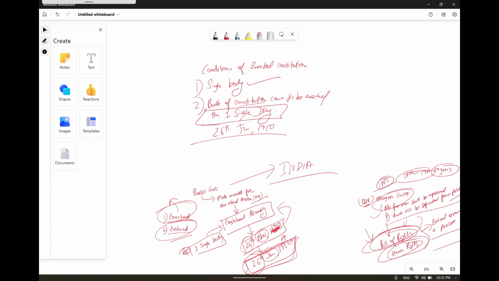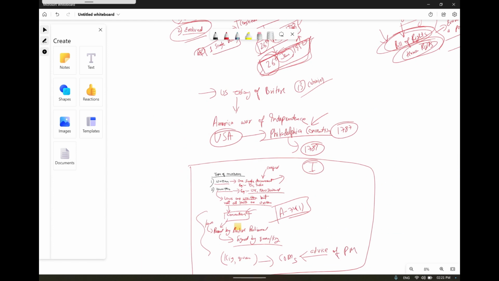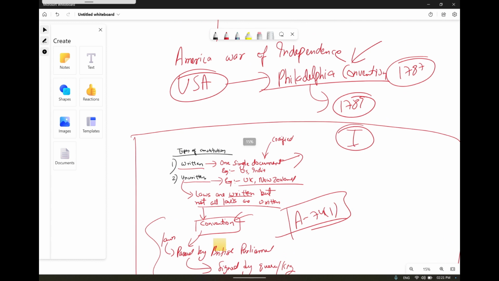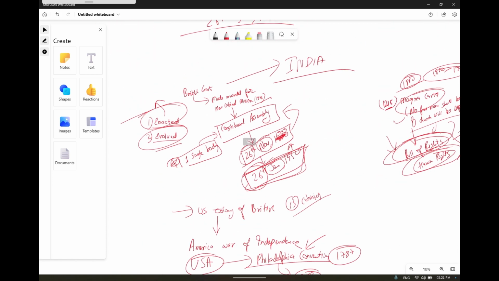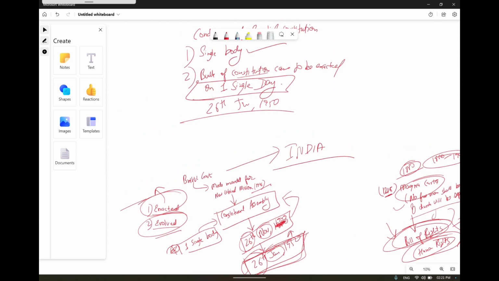The types of constitution based on characteristics: one was written and unwritten, then enacted and evolved. A written constitution is written into one single document, and an unwritten one is also written, but some laws work on convention. An enacted constitution is one where a single body is responsible for forming the constitution, and the bulk of the constitution is enacted on one single day.